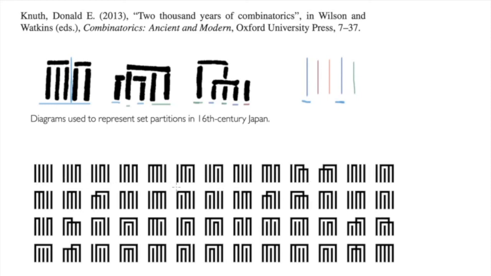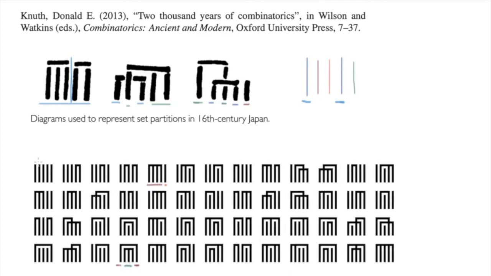For example, this one has the first 4 as one set, and the last one as a different set. Or this one has the first and last stick of incense as one set, and the second, third, and fourth as another set.